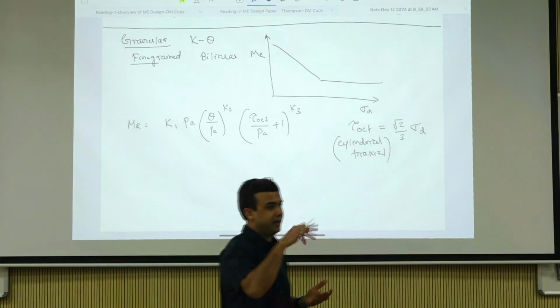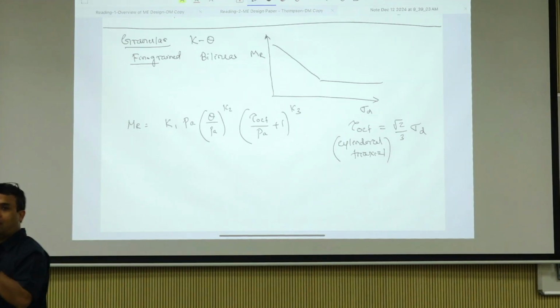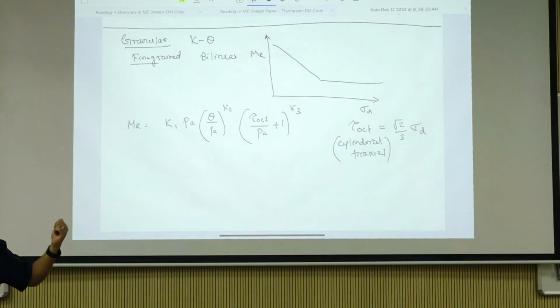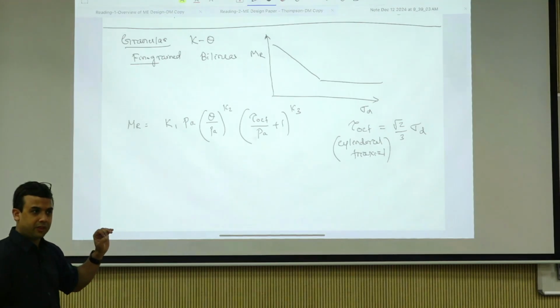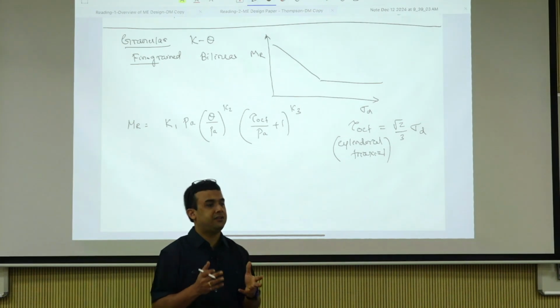So WinJULEA is the underlying code for MEPDG. So what is it? It is a layered elastic program. What is the main characteristic of a layered elastic program?